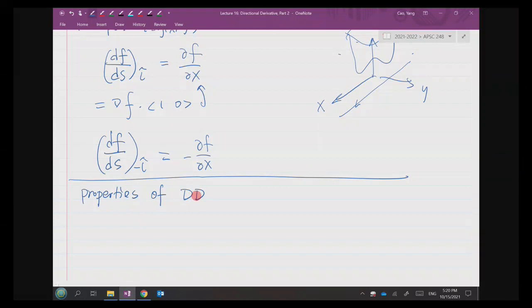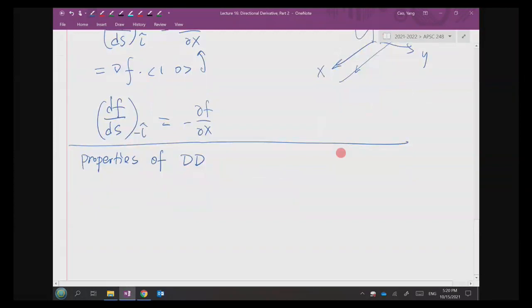Remember when we learned the gradient vector, we stated that a gradient vector basically gives you a direction that points to the greatest increase in the function f. And I said that I'm not going to be able to provide you proof now, so you have to trust me for the statement. So this is the part where I'll actually be able to prove that what I said there is correct. Okay, so let's take a look at the properties of the directional derivative.